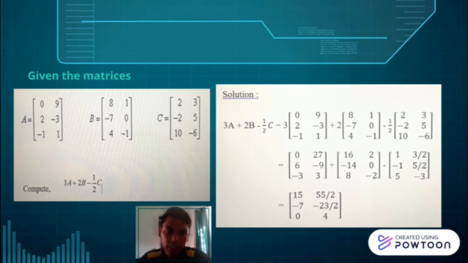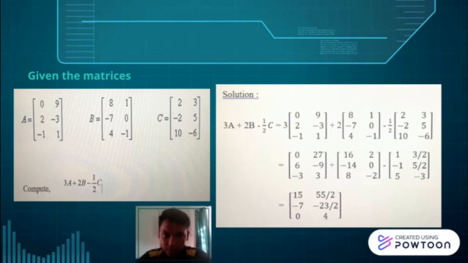Okay, moving on to the next question. We are given 3 matrices: matrix A, matrix B, matrix C. The question is to compute 3A plus 2B minus 1 over 2C. So here we have scalars and matrices.